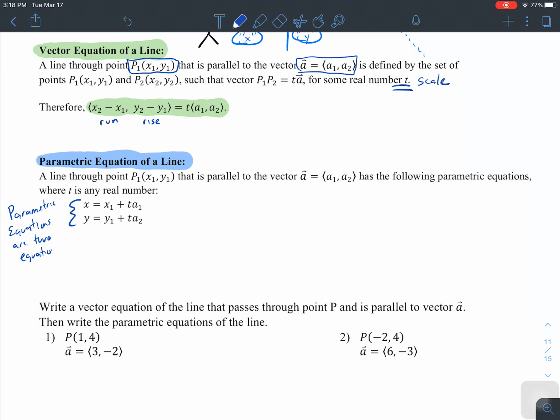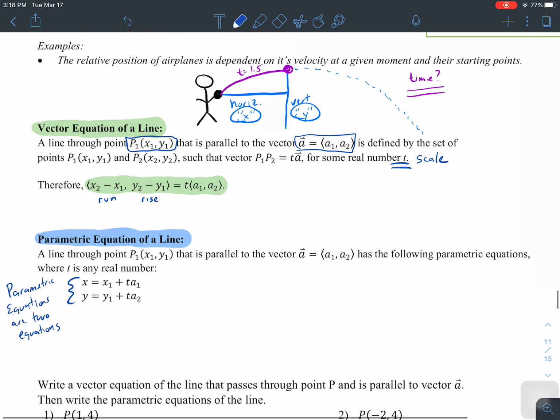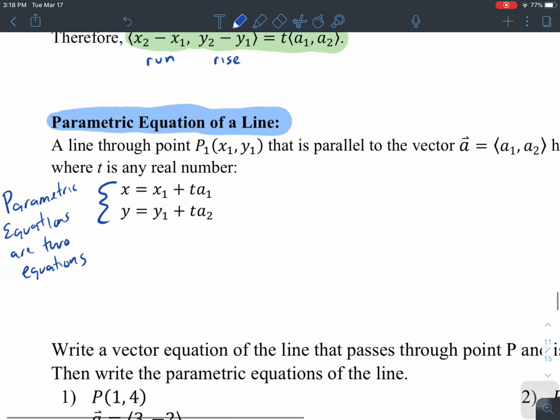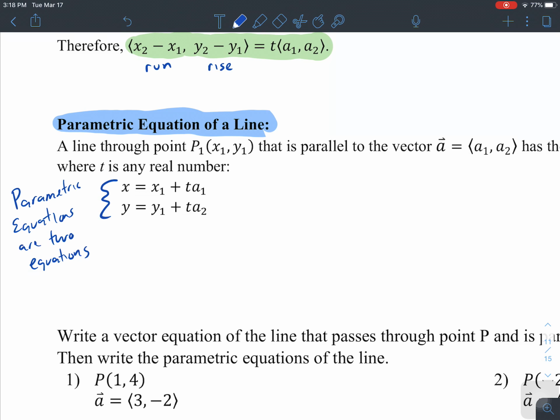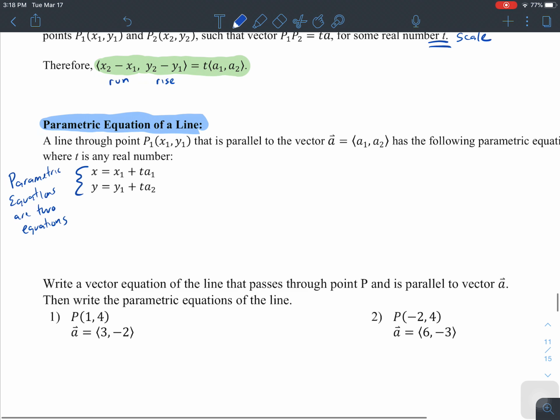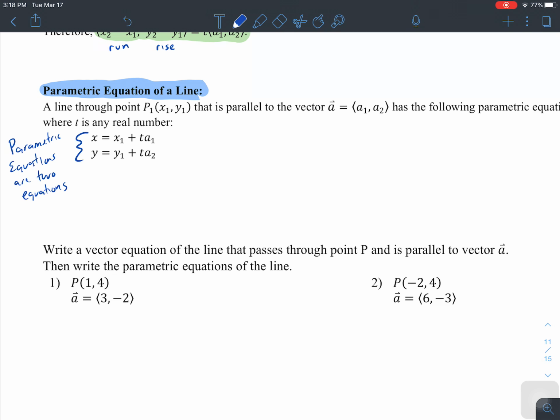And I addressed that in the beginning with the throwing of the ball, there's a horizontal and there's a vertical. There's an x and a y we want to find. And so that's really what these two are. Your parametric equations are going to be based off of that. Now, parametric equations allow us to write a linear equation with respect to time.